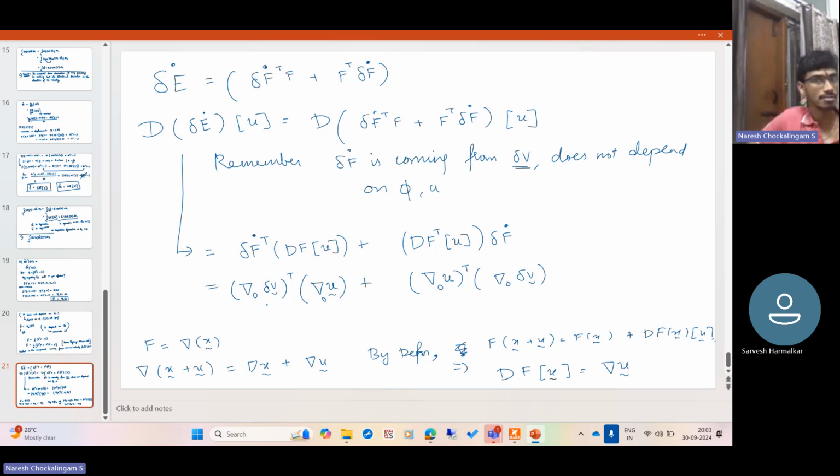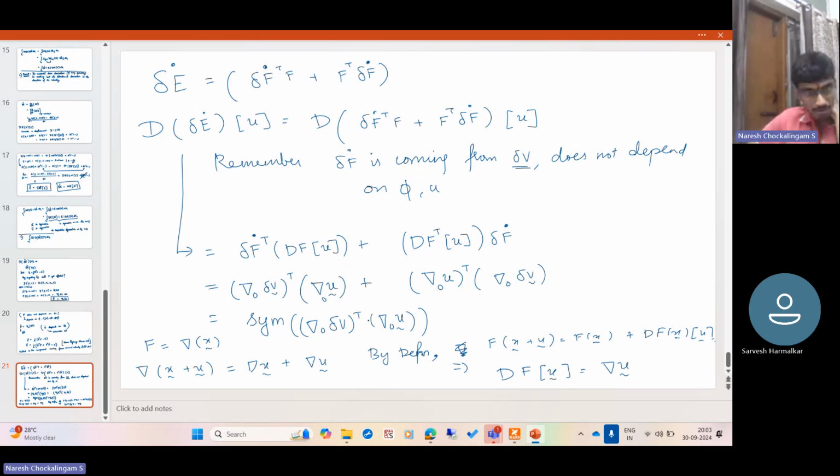Right. So look at this expression. It has a del v transpose del u plus del u transpose del v. What is this? This is the symmetric part of del v transpose del u.